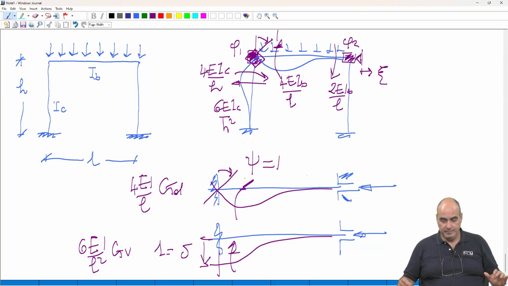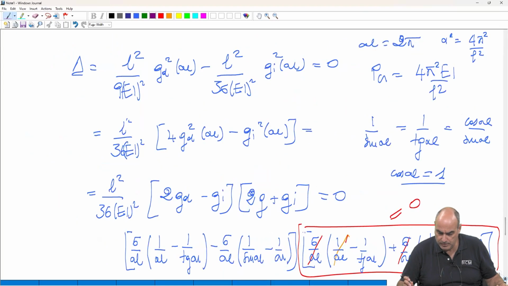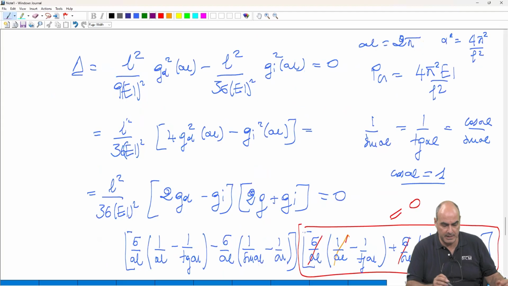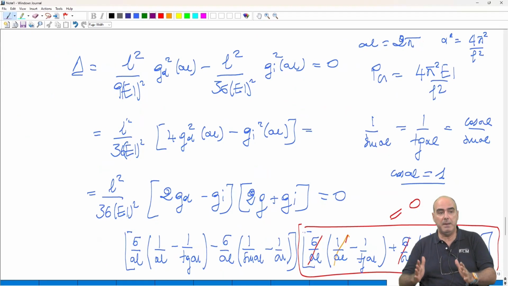But then let's go back here. So for example, look at this function here. Well, what you would like to do is to say, okay, I have solved my basic cases.